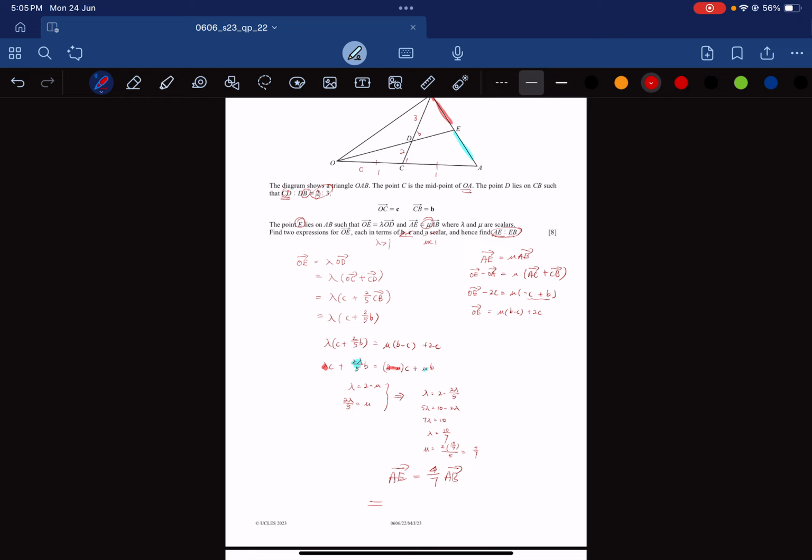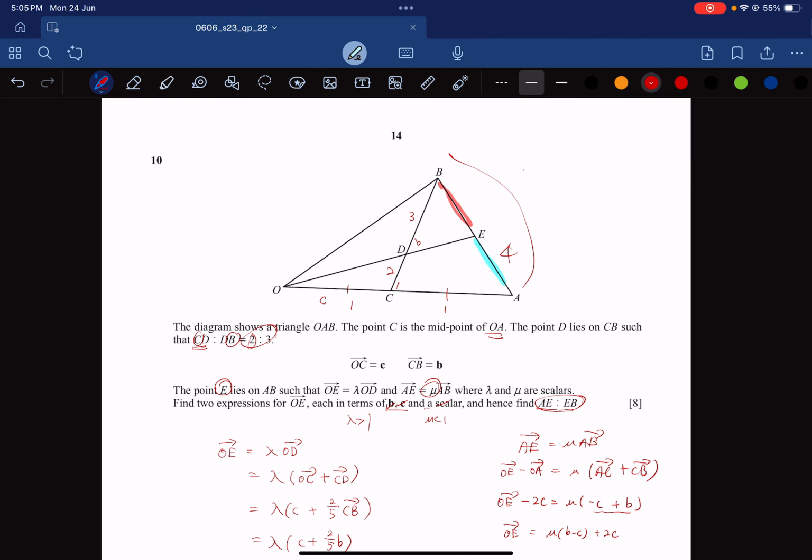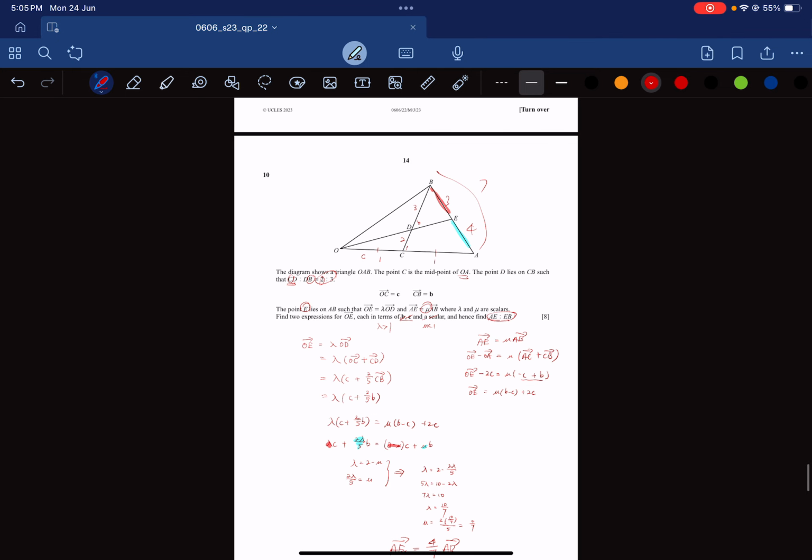So the ratio of length AE to EB equals 4 to 3, since 4 over 7 leaves 3. Okay, I guess this is something easy, right? 4 to 3.